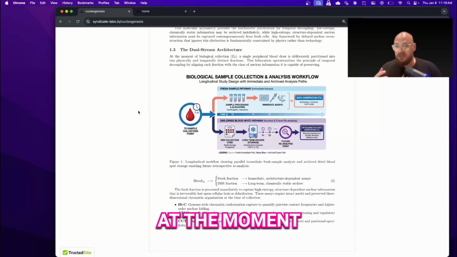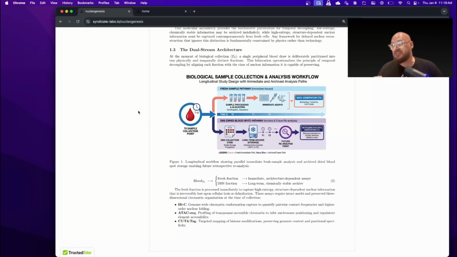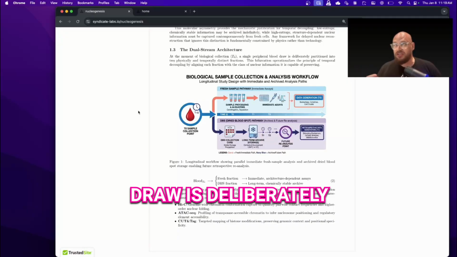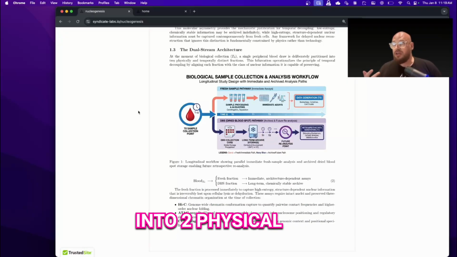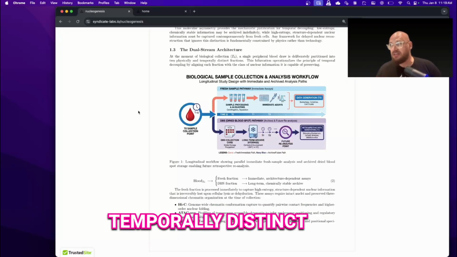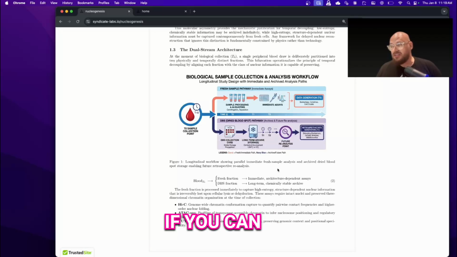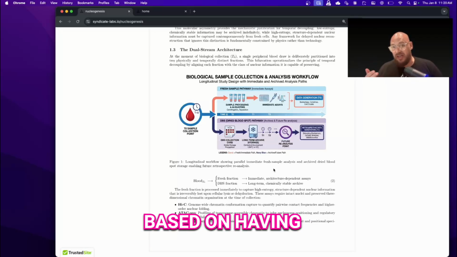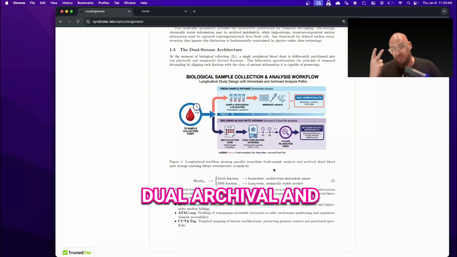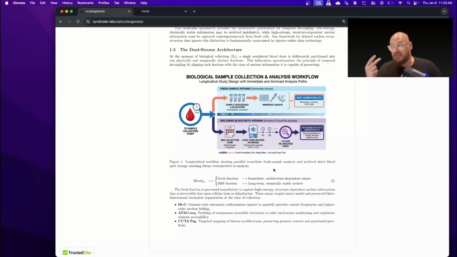So at the moment of biological collection, a single peripheral blood draw is deliberately partitioned into two physical and temporally distinct fractions. So you can see that this project is based on having a dual archival and reconstruction mechanism. That is outlined here in the graphic, which means that you collect a sample.